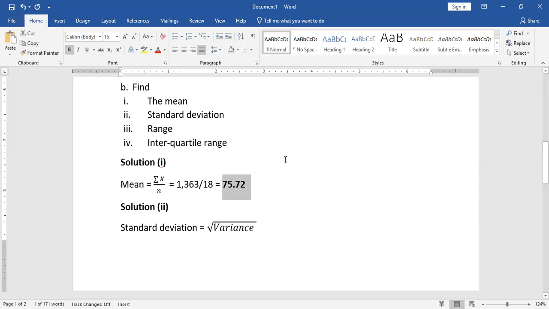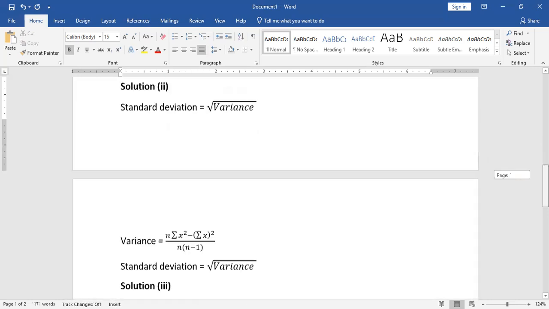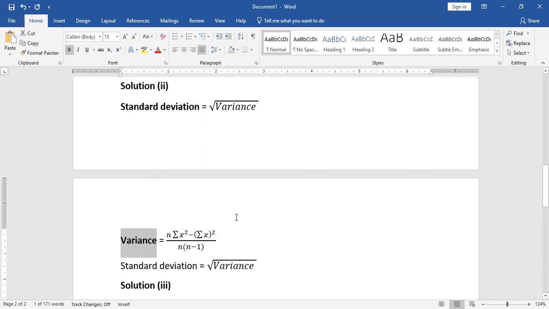And then the examiner also requested me to calculate the standard deviation. So standard deviation is basically the square root of variance, and variance is calculated by that formula, which is n multiplied by summation x squared minus open bracket summation of x in the brackets, and then you square it.